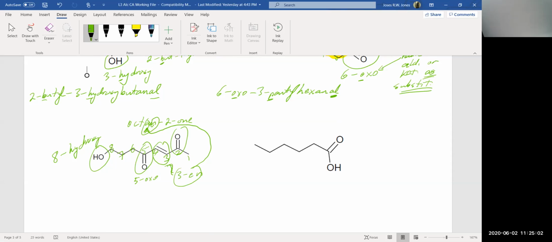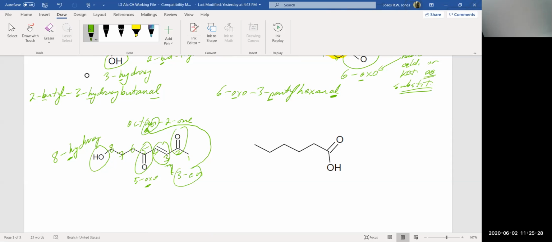The AN for ane gets replaced by EN for ene in the parent chain, and there is also a 3 there, indicating the location of the double bond, and an 8-hydroxy. So we have a hydroxy substituent, an oxo substituent, and then an ene. The hydroxy and the oxo go in front of the name of the parent chain, those substituents. And the ene is the double bond.